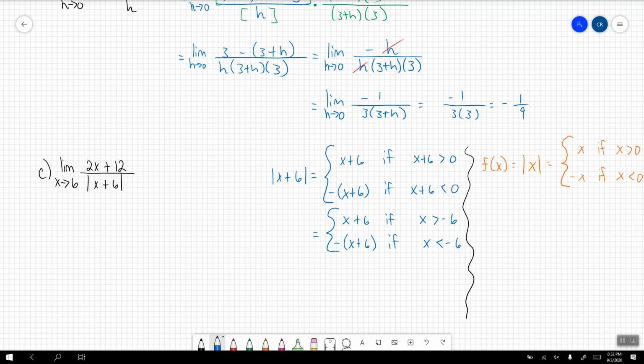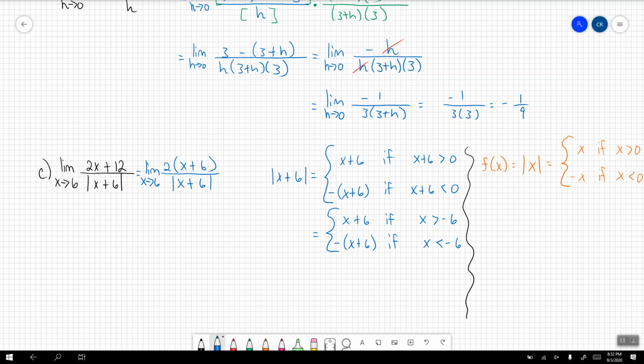Now, why is that where I want to be? Well, looking at the function given in part C, what's going to happen is that I now have the limit as x is approaching 6 for the quantity of the factor of 2 times x plus 6, divided by the absolute value of x plus 6.